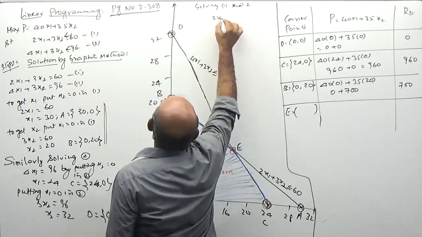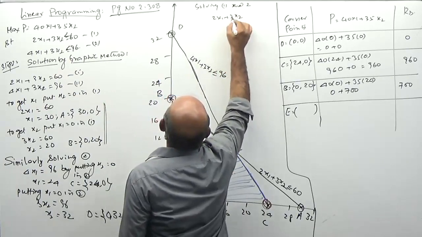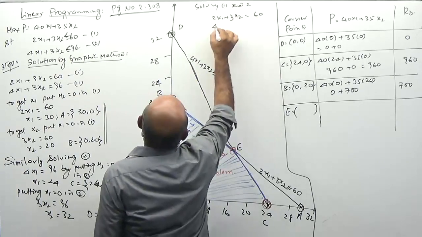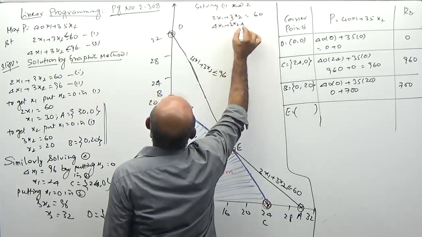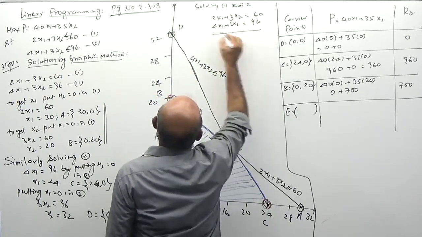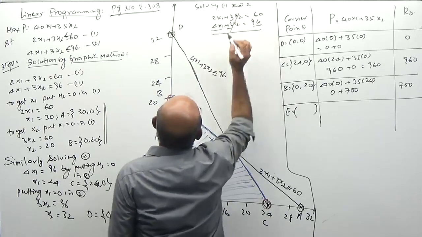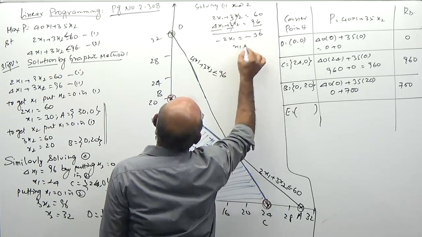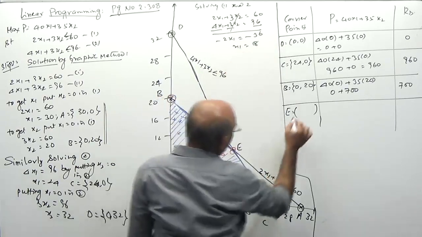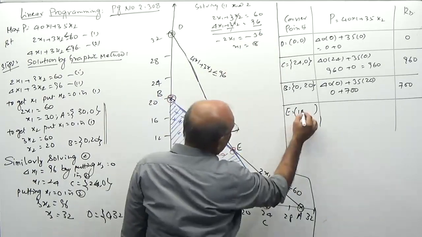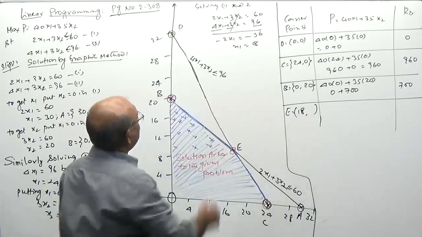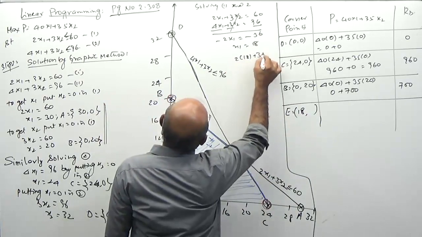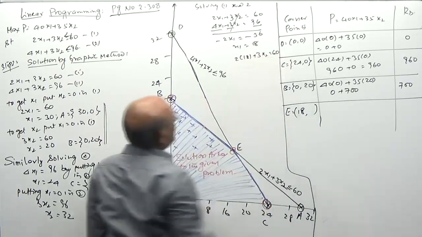2x1 plus 3x2 is equal to 60. 4x1 plus 3x2 is equal to 96. Subtracting, minus 2x1 is equal to minus 36. x1 is equal to 18. So 18 units of product A. 2 into 18 plus 3 into x2 is equal to 60.